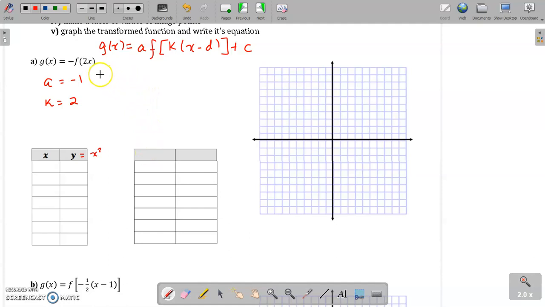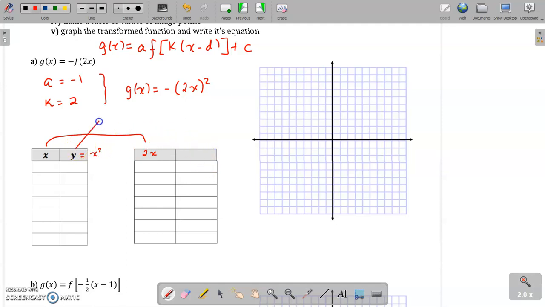Well, given these values, you know your transformed function will equal minus, your k value is 2, so (2x) all squared. Okay, so that means your original x values, the transformed ones, will be 2x.